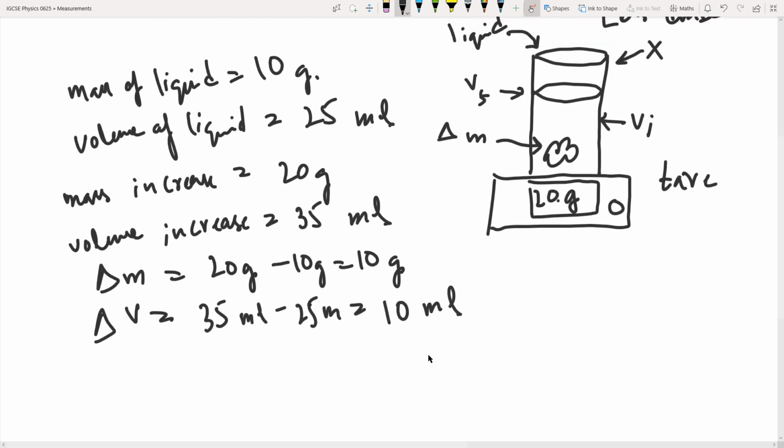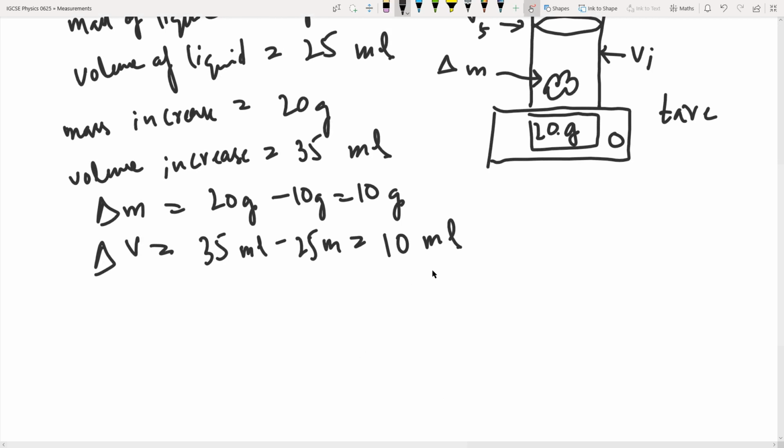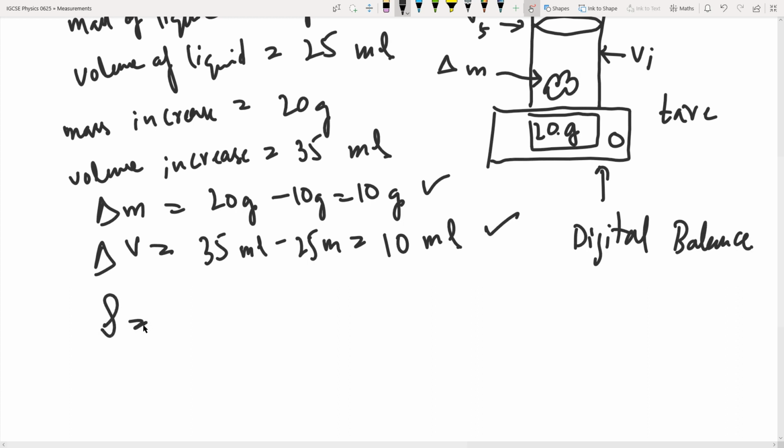So from this, now I've got the volume of the object as well as the mass of the object, right? Using this digital balance and this measuring cylinder. So from here I can calculate the density of this object, that is going to be mass over volume, and in this case we have 10 grams of mass divided by 10 ml of volume.